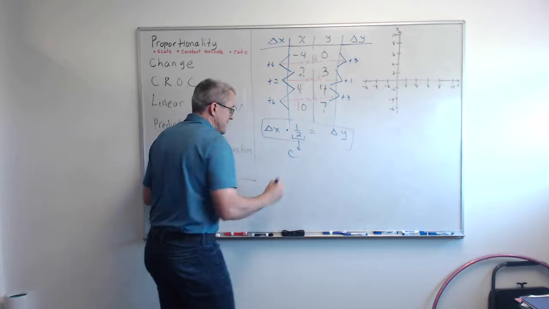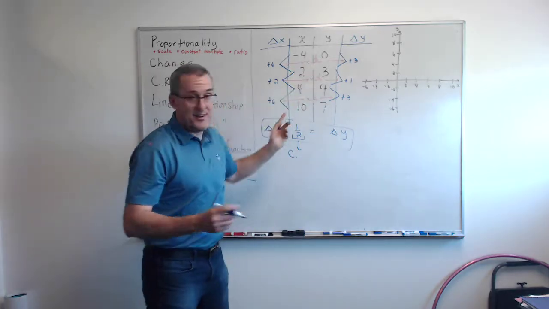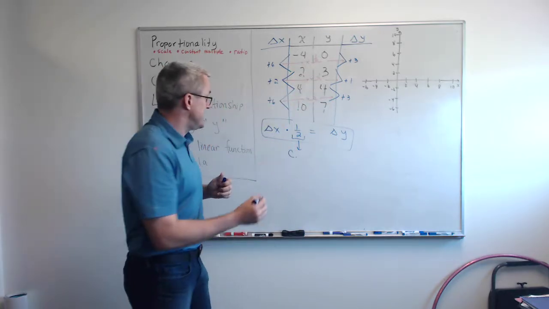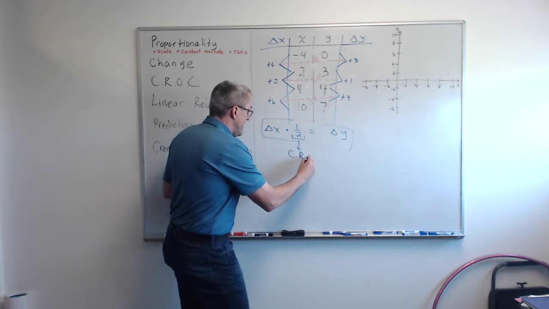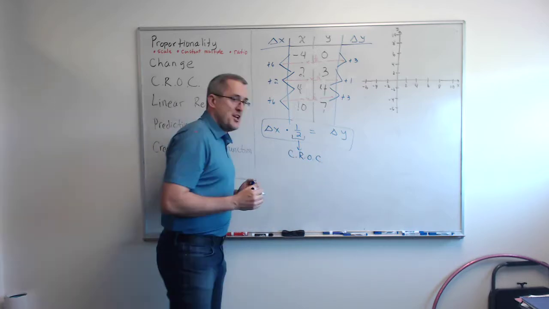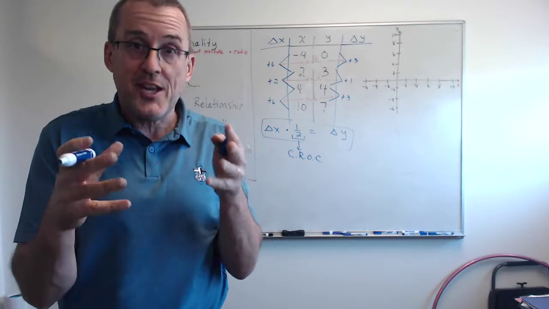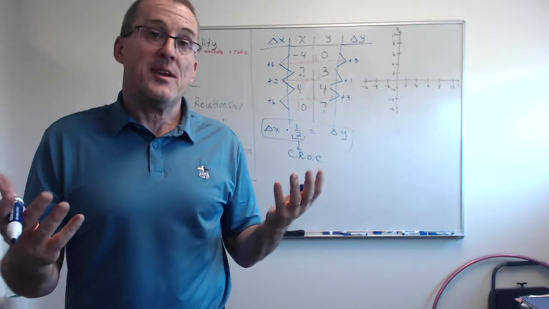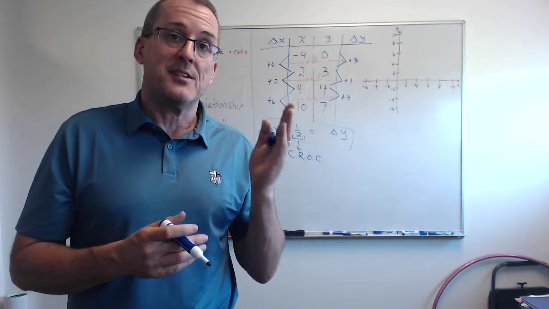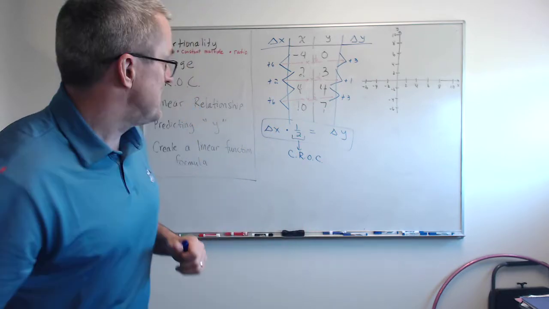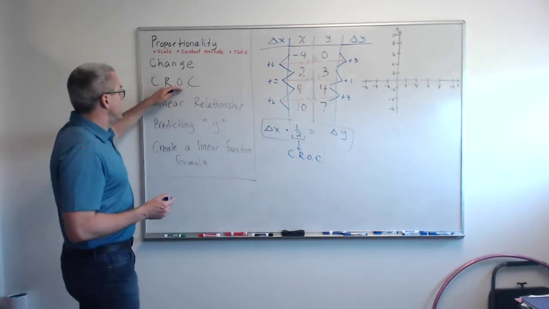It's the constant, because it's a half, a half, a half. Always it's a half, so it's a constant rate of change. Notice it's the proportionality between the changes in x and y, not between x and y themselves. So it's the constant rate of change. So we call that the CROC.